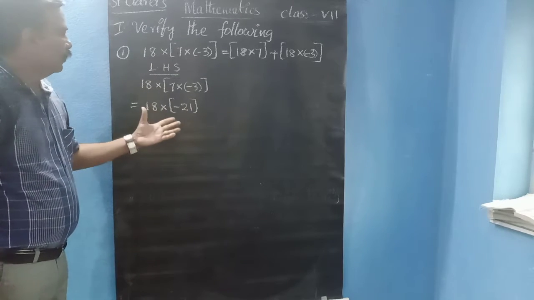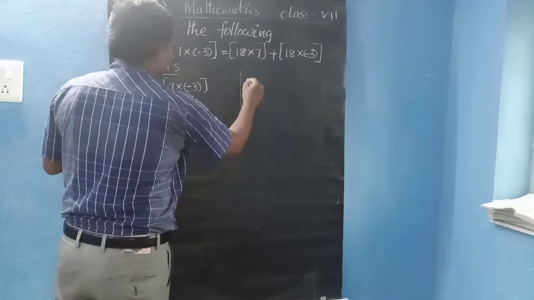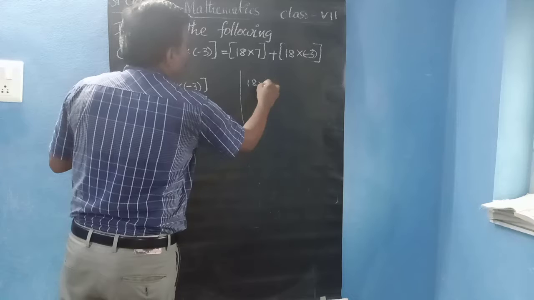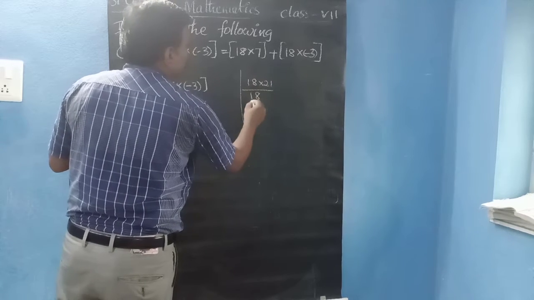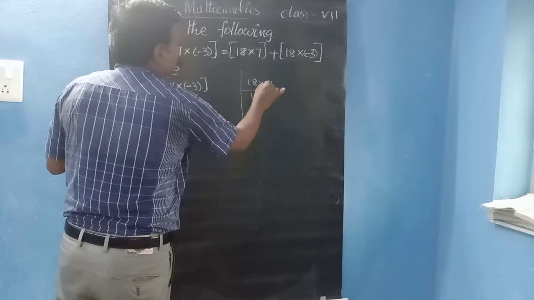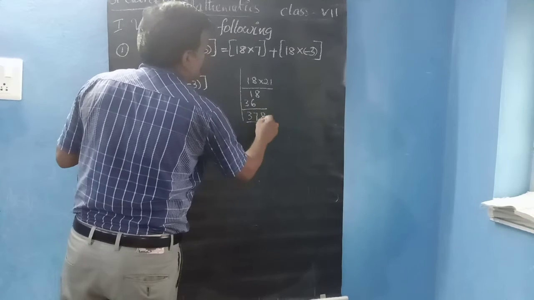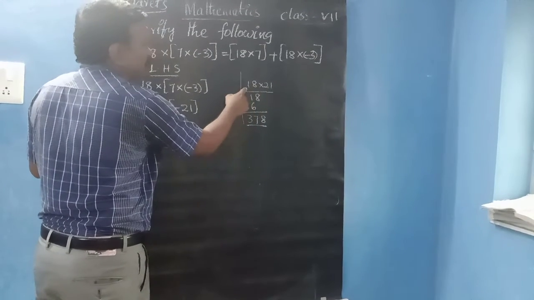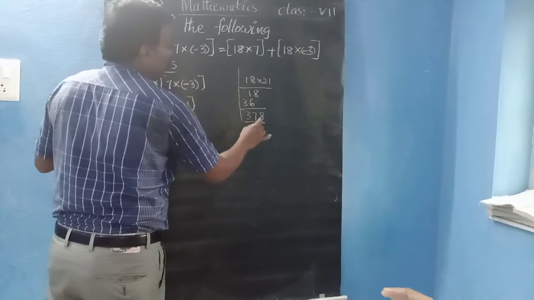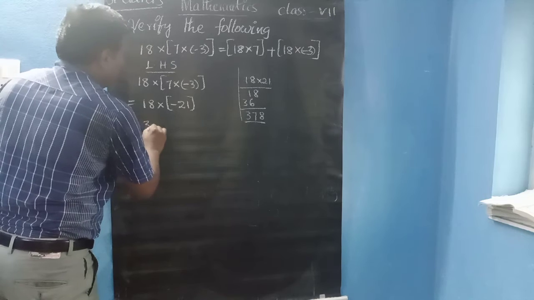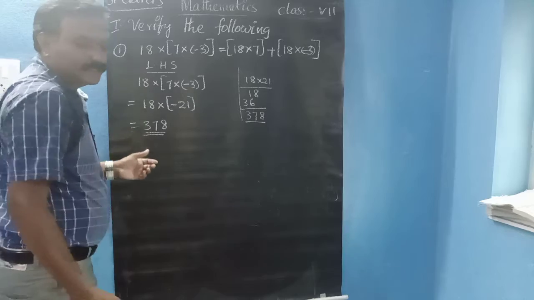Now 18 21's, you have to calculate here. 18 into 21: 2 8's are 16, 2 1's are 2, plus 1, 3, 378. Once again, 8 1's are 8, 1 2's are 2, 378. We got LHS 378.